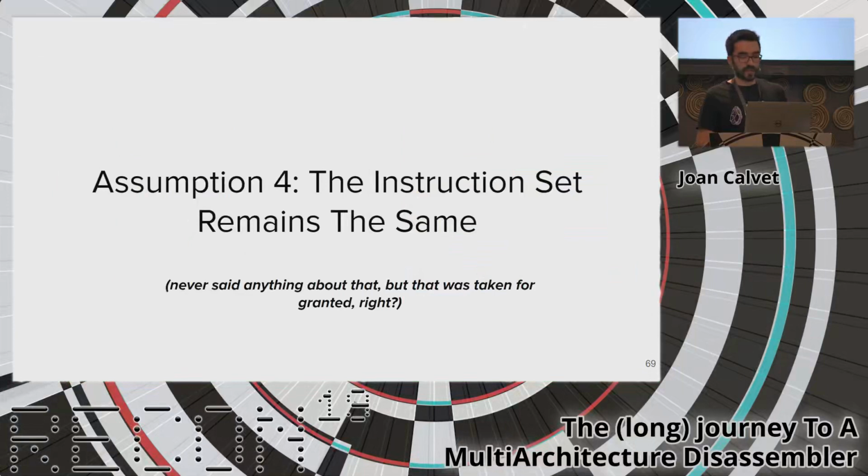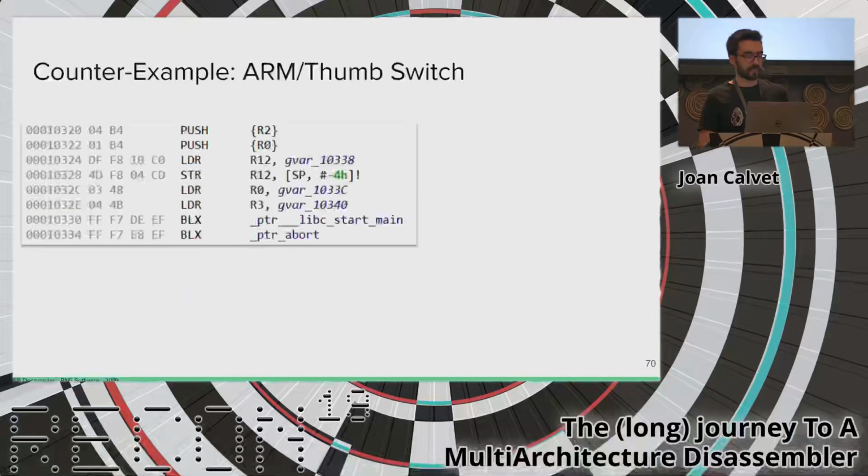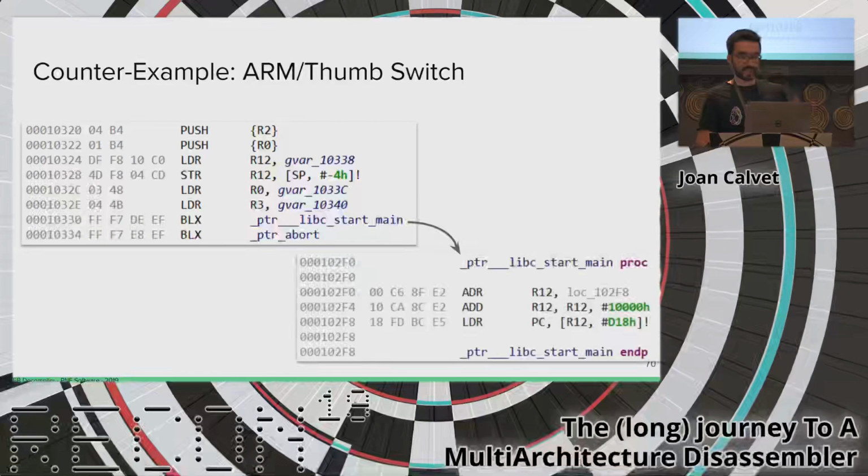Another assumption we made was that the instruction set remains the same for a given binary. That is, the way machine instructions are encoded and which machine instructions are available should not differ in a given executable. There is a strong counterexample from the ARM architecture. There is a snippet of assembly code for ARM processors, and here we got a routine call to this three instructions routine.